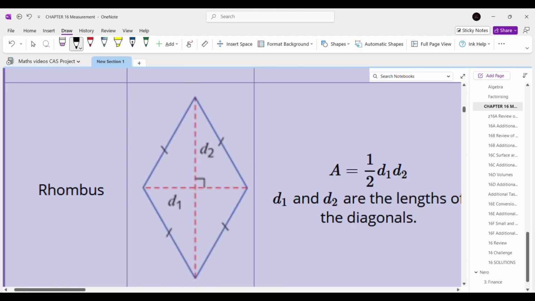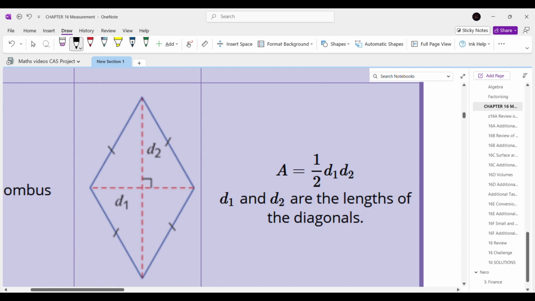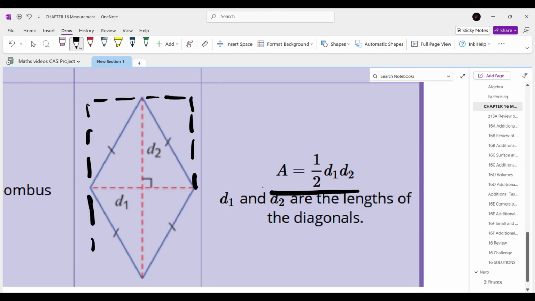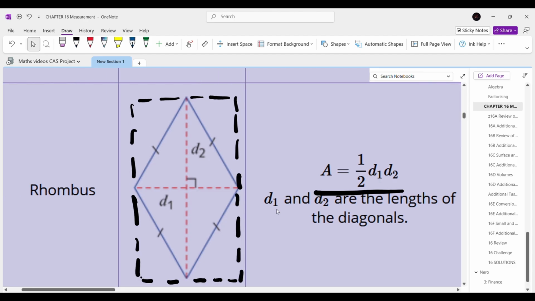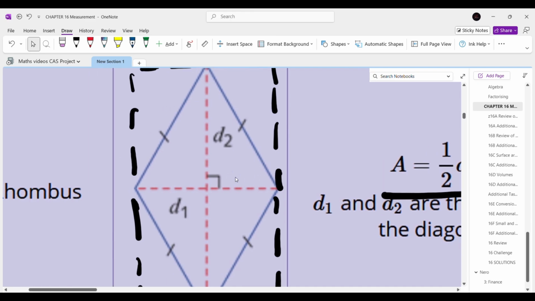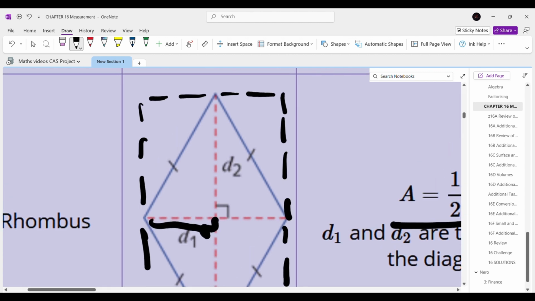Now, for a rhombus, the formula for area of a rhombus is just half times d1 times d2. Once again, we can use a rectangle in order to show how this proof works. So if we just draw a bigger rectangle outside like this, d1 right here is the length of this diagonal, and d2 is also the length of this diagonal.